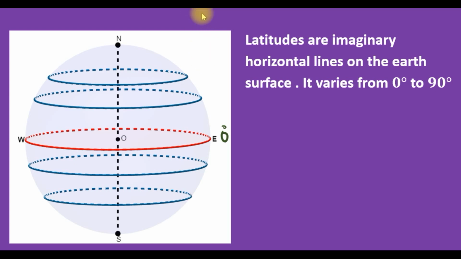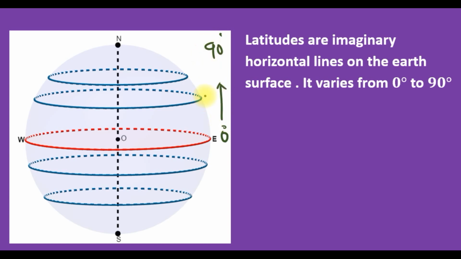That's latitude 0. So the others are not 0. They could be 10, 20, 40. So as you increase towards the north or south, it increases to 90. So the maximum is 90. So from 0 to 90.